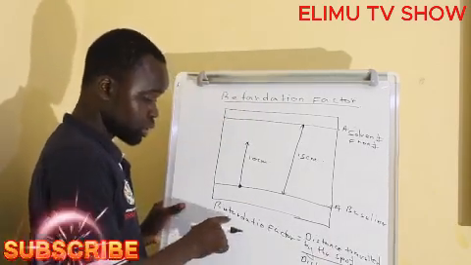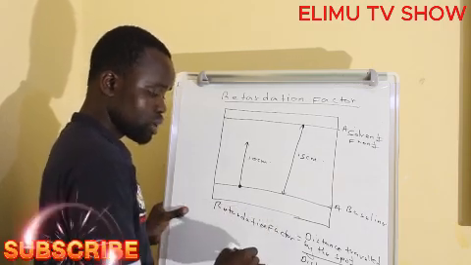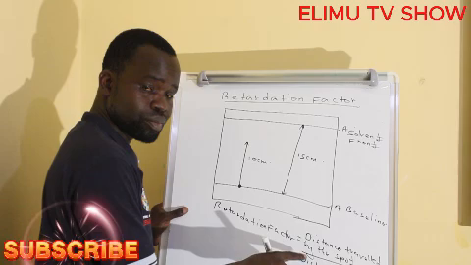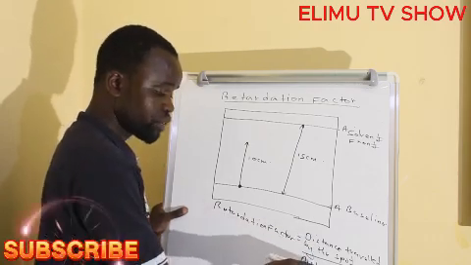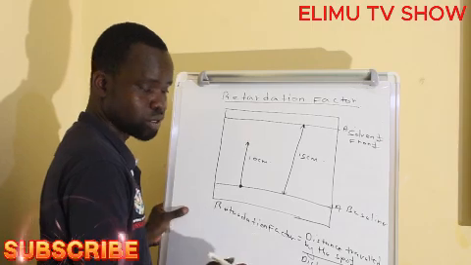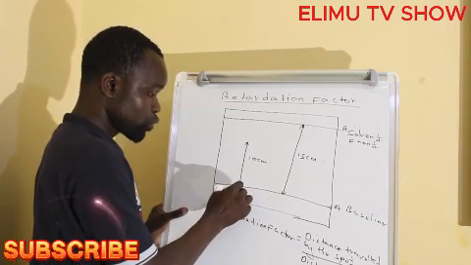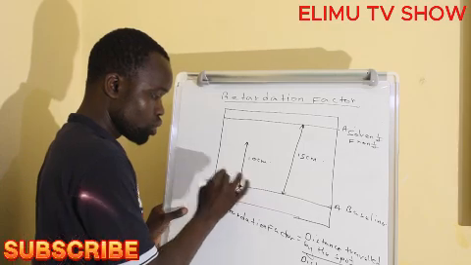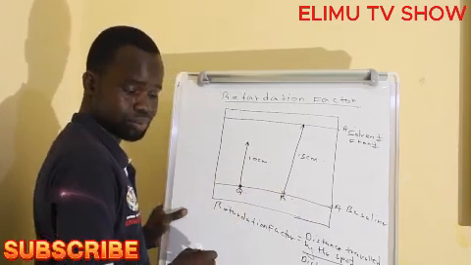Again, for you to calculate retardation factor, the formula is distance traveled by the spot over the distance traveled by the solvent. The spot here is Q, while the solvent here is R.